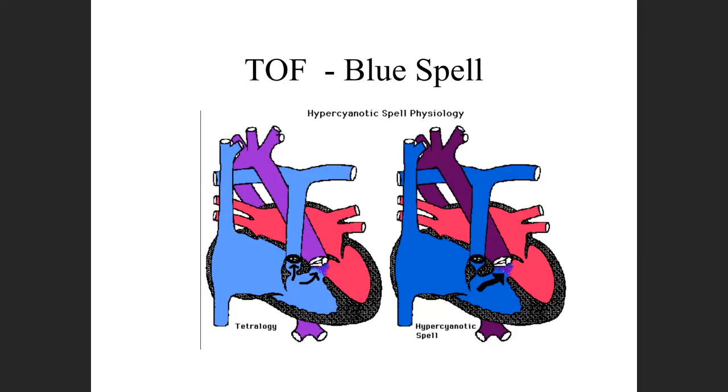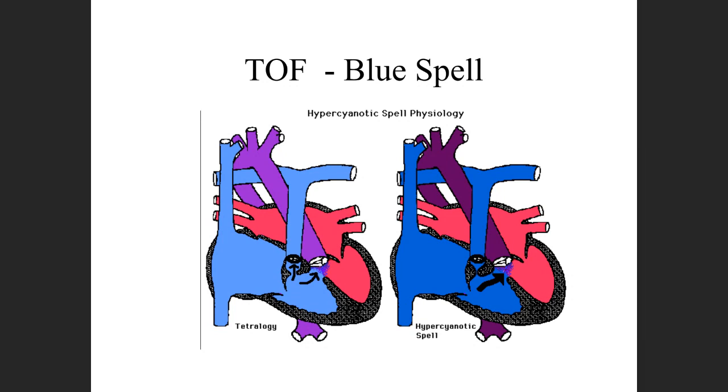And the conditions, in fact, which will cause that is if there is a sudden decrease in the systemic vascular resistance, which will promote the flow of blood from right to left, or if there is contraction of that thick muscle below the pulmonary valve, which we call the infundibulum muscle.